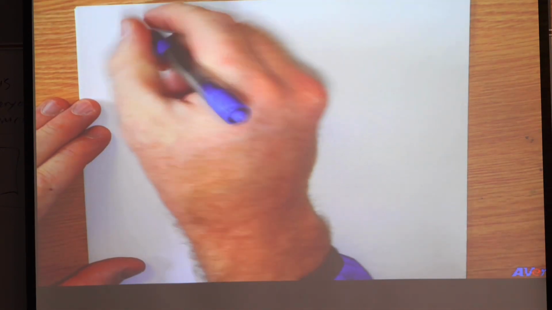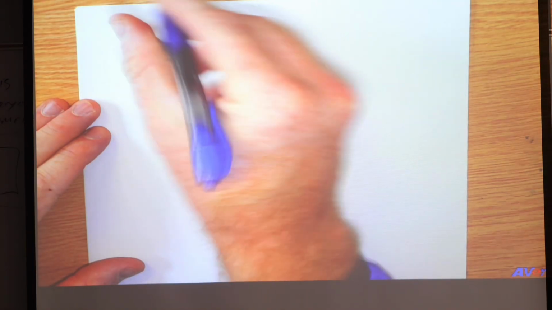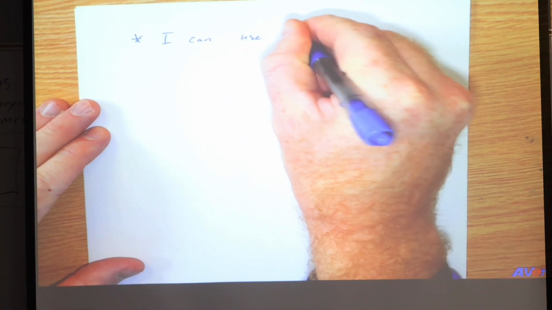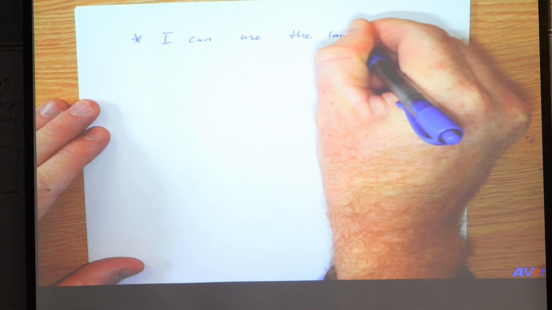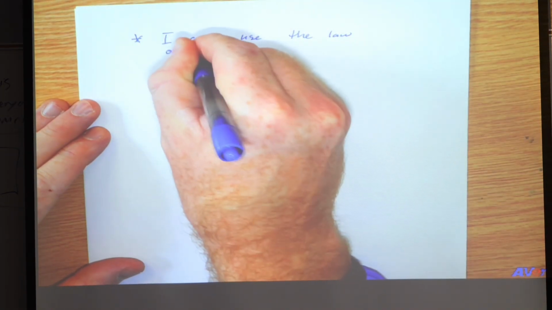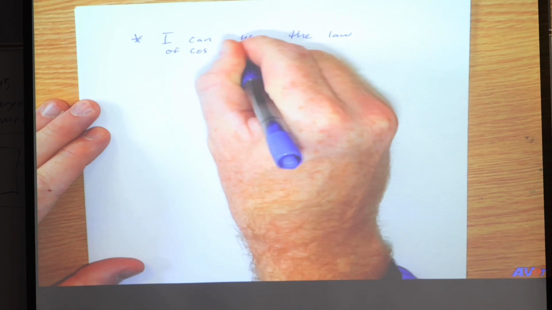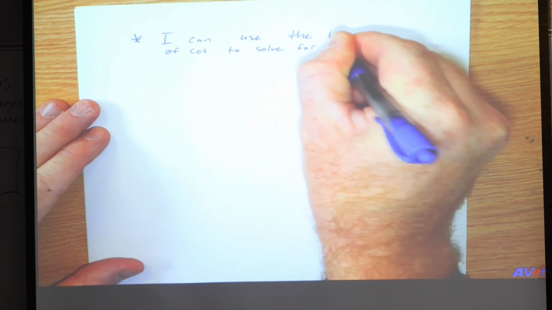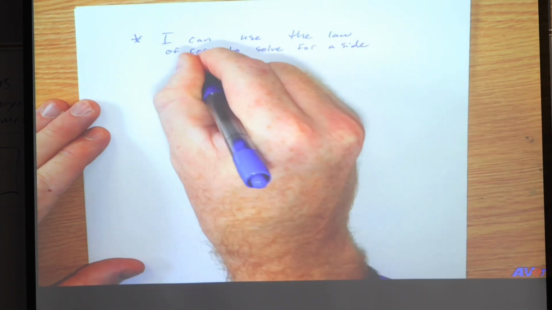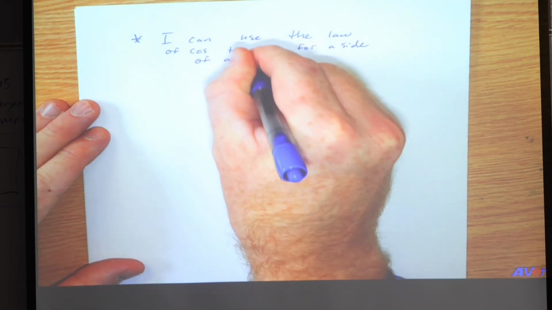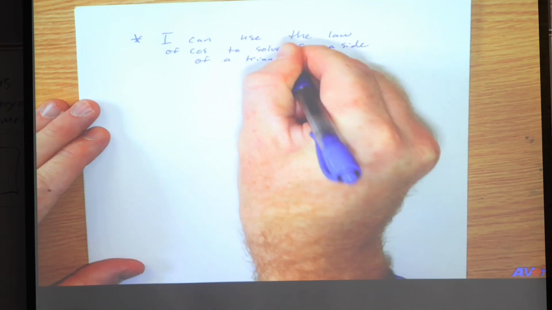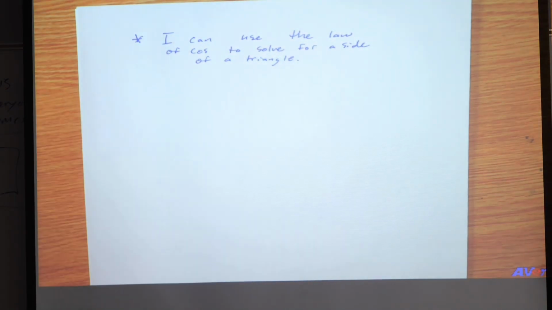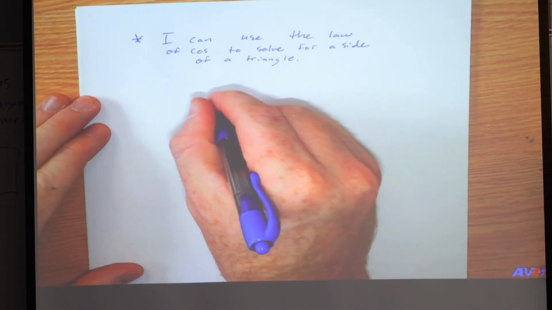So if we want our learning target, we'll go with: I can use the law of cosine to solve for a side of a triangle. Okay, so again, what is the law of cosine?